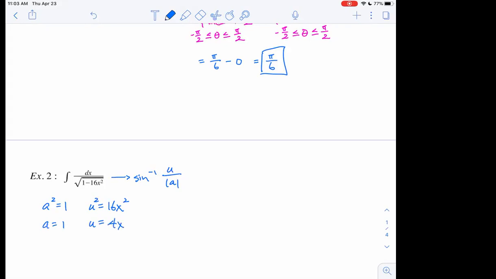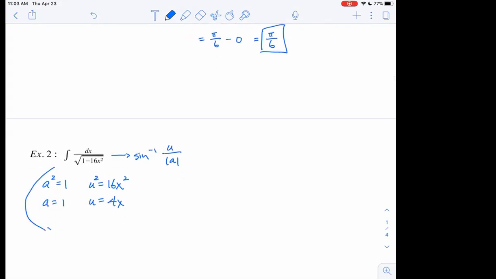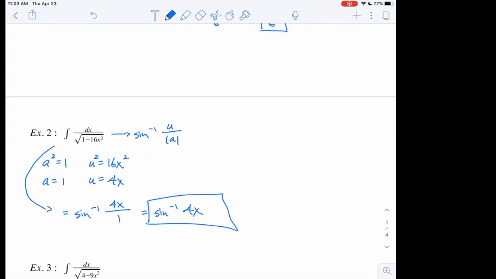Perfect. 4x. So you have to take the square root of the x squared and you have to take the square root of that number, okay? And so when we plug this into our formula, we will get arc sine of 4x over 1. And nobody's going to write that 1 on the bottom, so we can just say arc sine of 4x plus c. Okay?